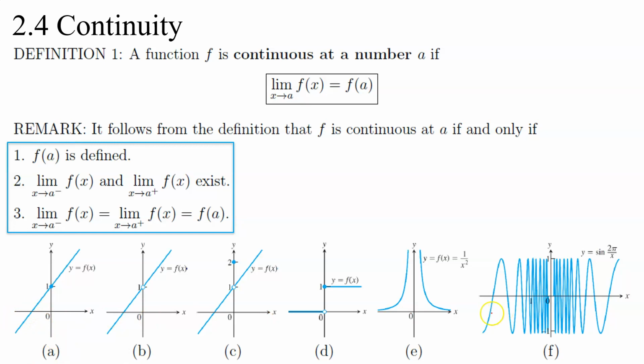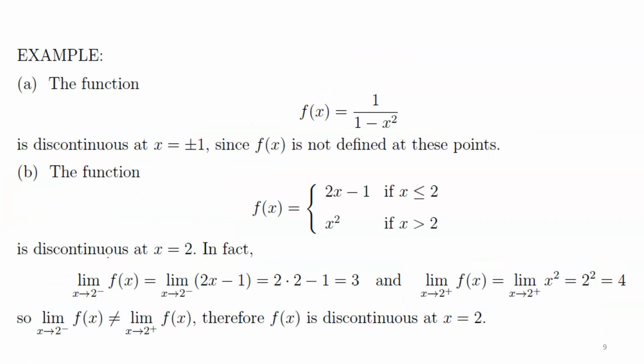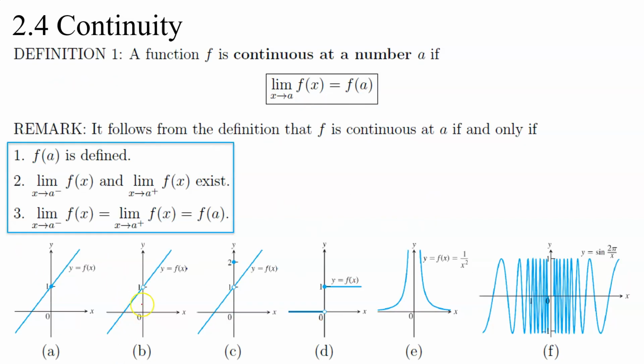Okay, so let's see the first graph. There are a few graphs over here. Let's see the first one. You have a function y equal to f(x). And you have a few functions. For example, this one is a straight line, and then you have another one which is also a straight line but with a point over here, and then you have a disconnected line over there.